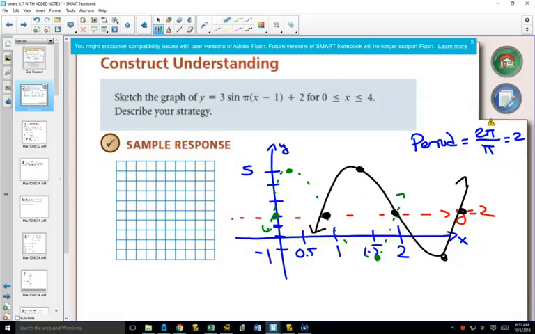And then we take all 5 of those points and just translate them 1 to the right, and we get our final graph. And so our final graph here, along our x-axis, doesn't have pi. And that'll happen quite a bit when you're looking at real life examples, because you'll be dealing with time and actual numbers.